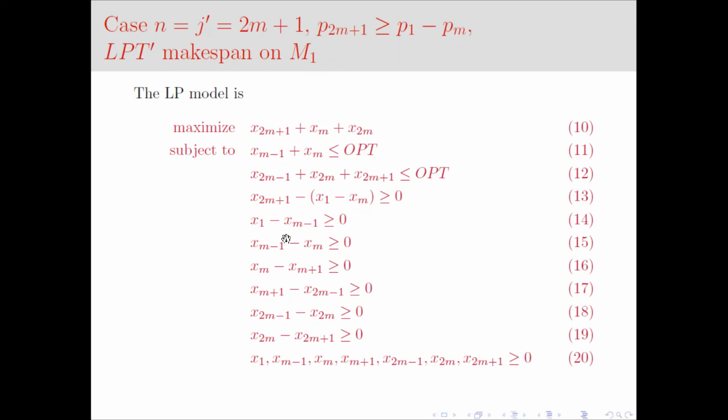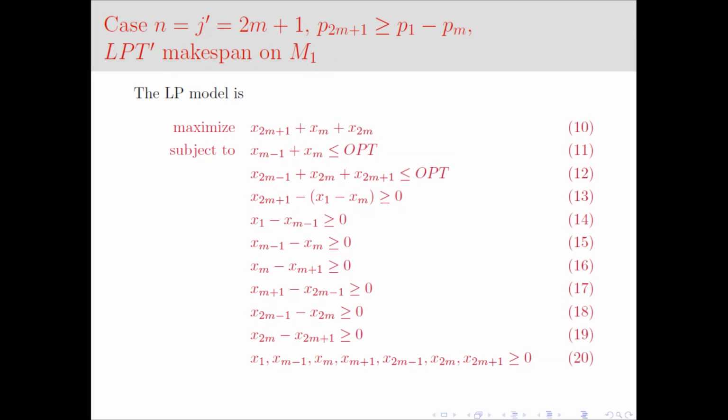I'm using variables x instead of indices corresponding to processing times, and we're using variables x2m plus 1, xm, x2m, xm minus 1, xm, x1, and opt. So we have 7 variables, whatever the value of m is.